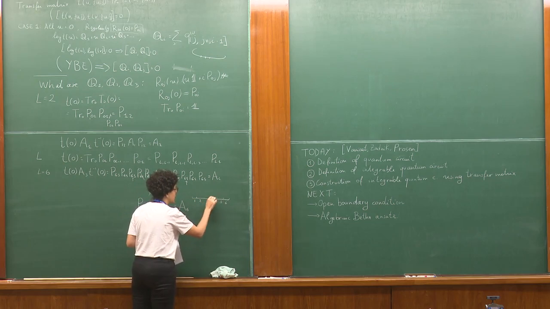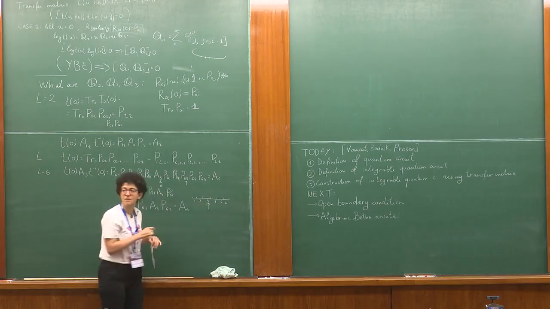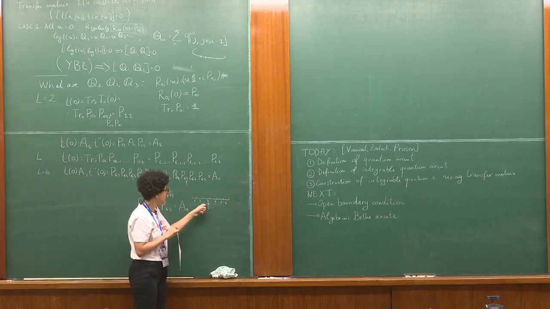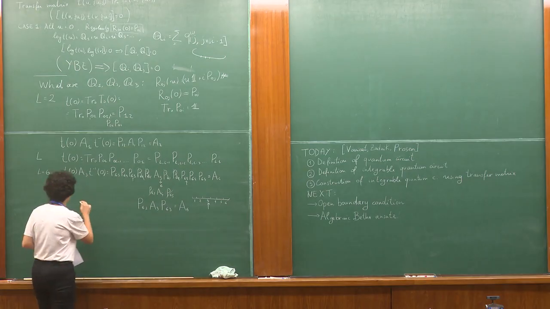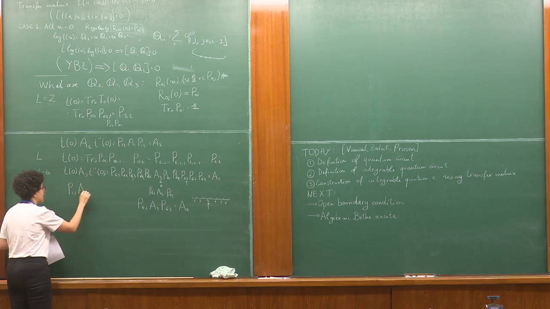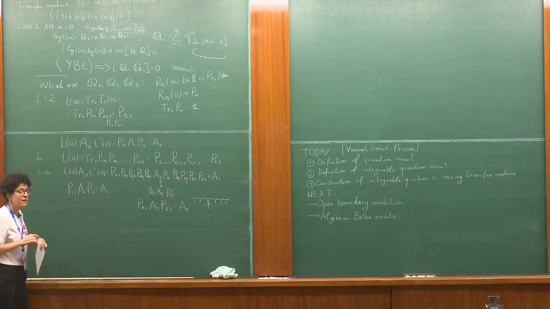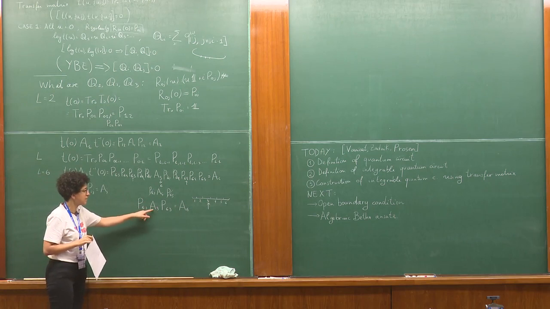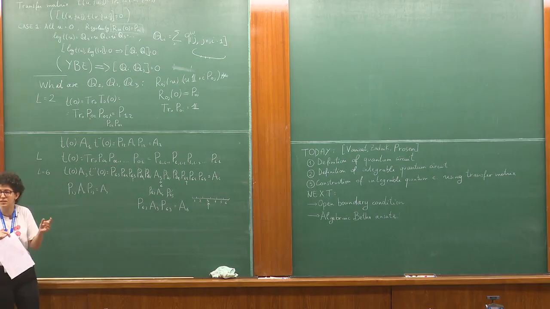Now, A3 is only acting non-trivially in this space, but the permutation operator is swapping site 3 with site 6. So now this A3 will move here and it becomes A6. So in general, the property is P_{IJ} A_I P_{IJ} becomes A_J. This is the general one, and then you can specialize: if this operator is acting also on two sites, then the same game applies and you just swap sites.